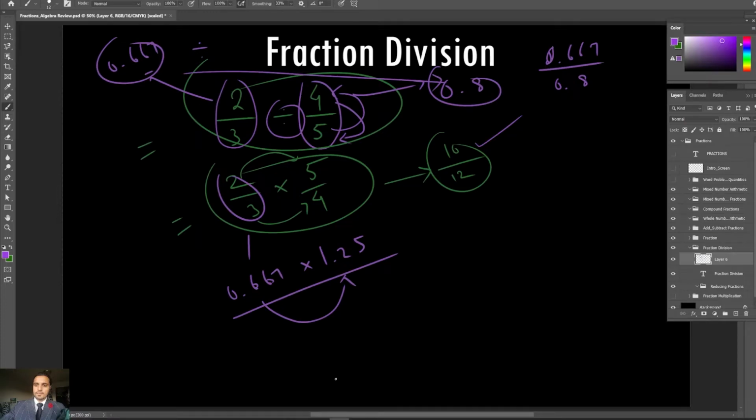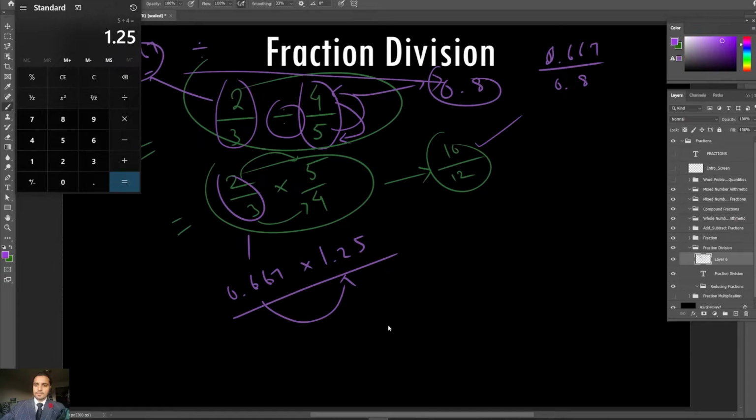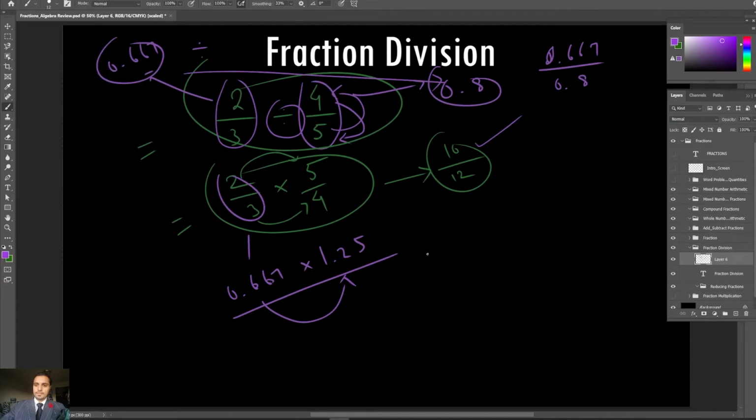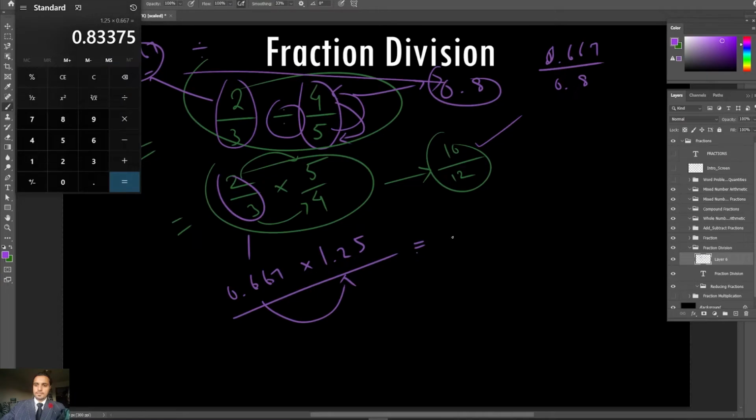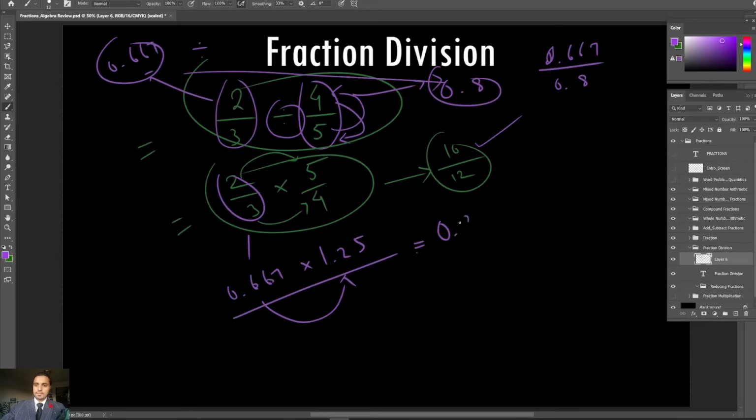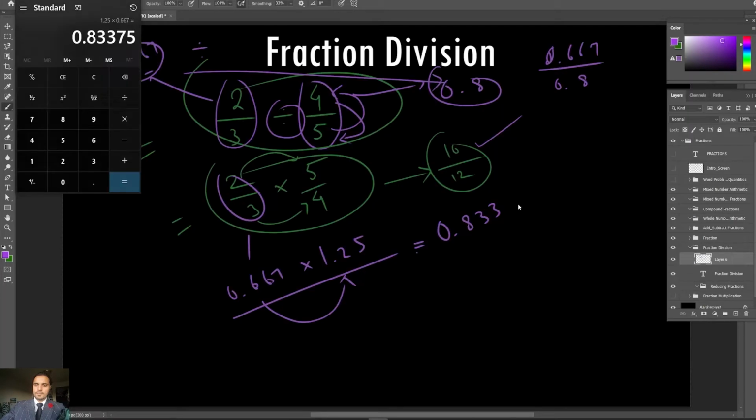The reason it might be a little different is because we rounded off 0.667. But let's try that. If you have a calculator, try it right now. You will get something around 0.833 as the calculator is telling us here.